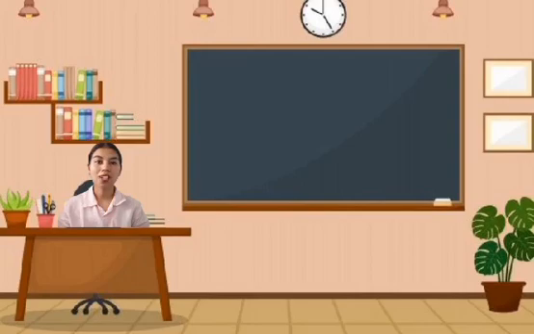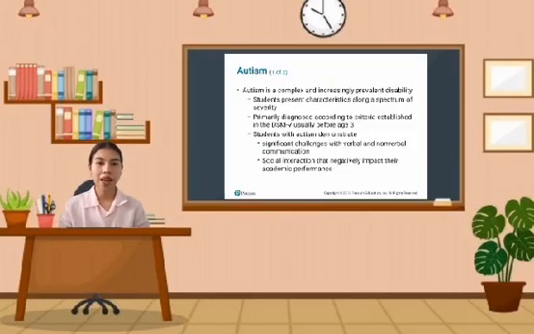Let us now talk about students with autism. Autism, as defined by Pearson Education in 2018, is a complex and increasingly prevalent disability where the students present characteristics along a spectrum of severity, primarily diagnosed according to criteria established in the DSM-5, usually before the age of 3.